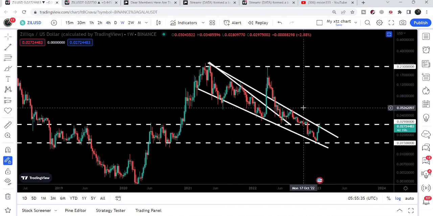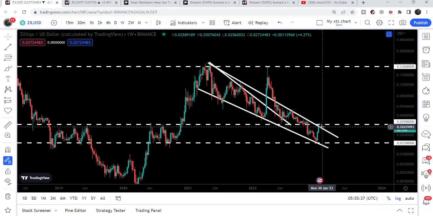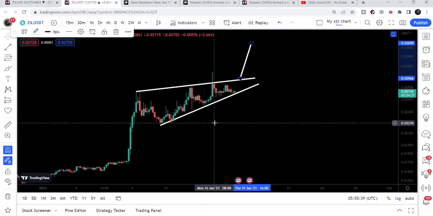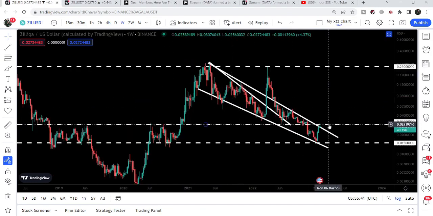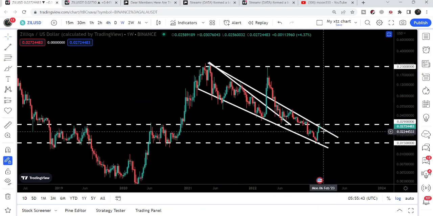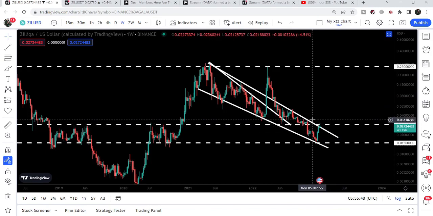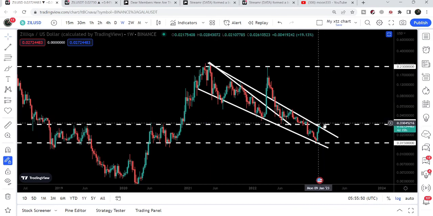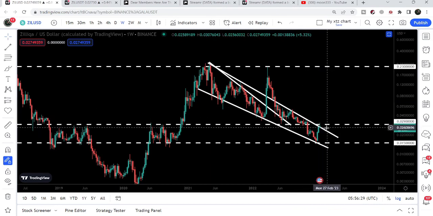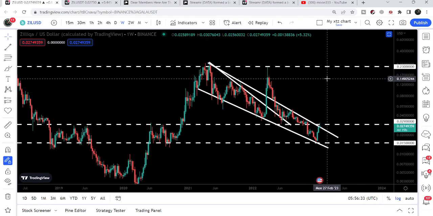Now, if the price line breaks down the support and moves down to this support of 2.2 cents, then it is showing us the projection inside this big falling wedge pattern. But it is also possible, because we are already moving above this resistance of the falling wedge pattern, that the price line may retest the previous resistance of the wedge as a support and then start the next reversal move from here.